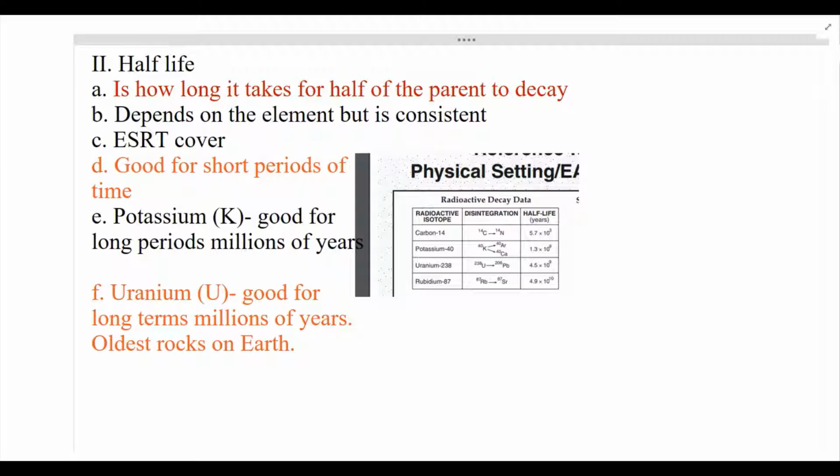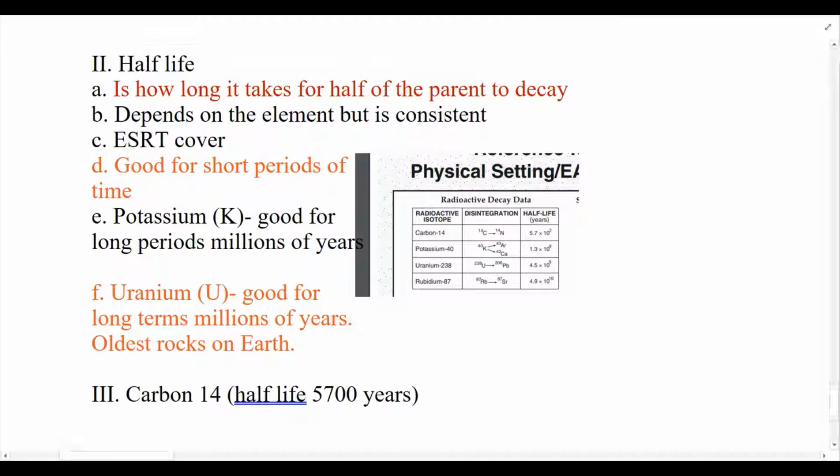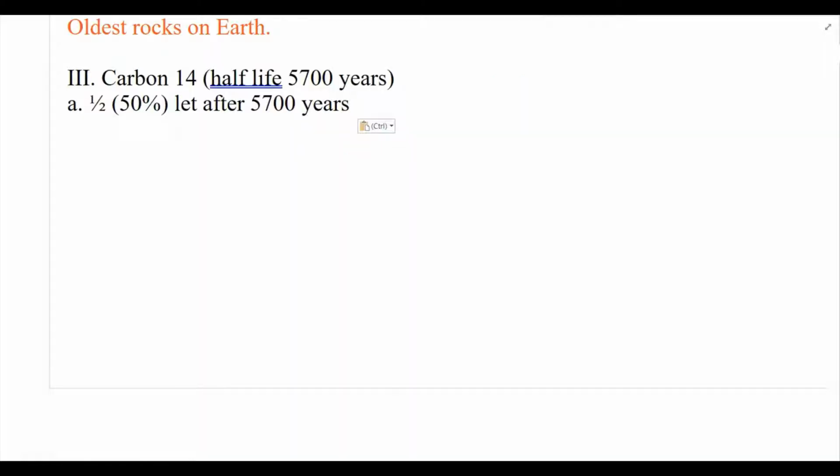We're just going to look again at how the half-life of carbon-14 works a little bit more specifically. So again, carbon-14 has a half-life of 5,700 years. That means that half of it, or 50%, is left after 5,700 years. And after 2 half-lives, we're going to be left with 50% of that. Half of a half is a quarter.